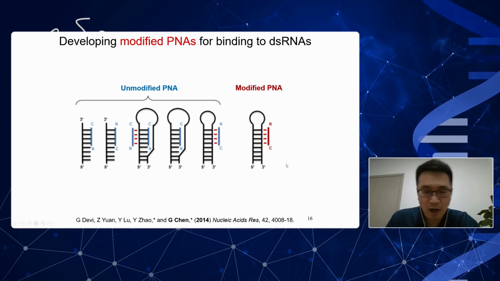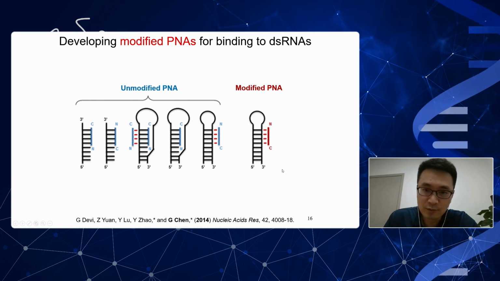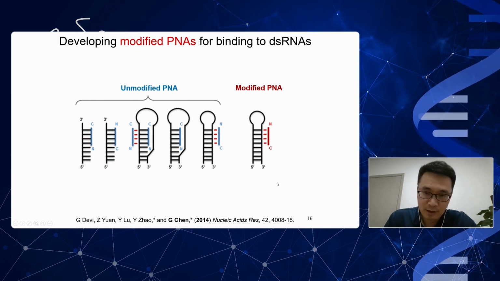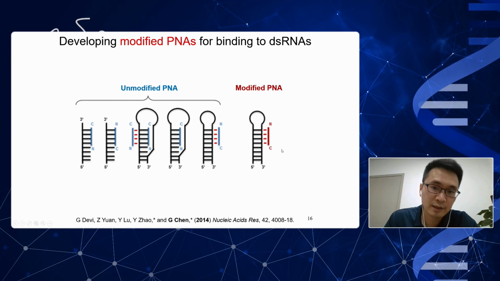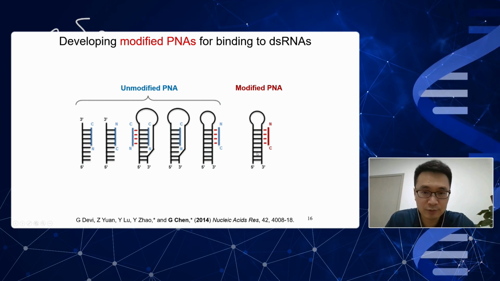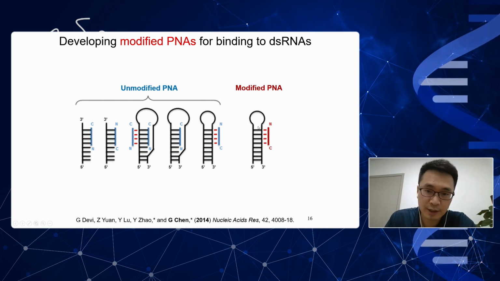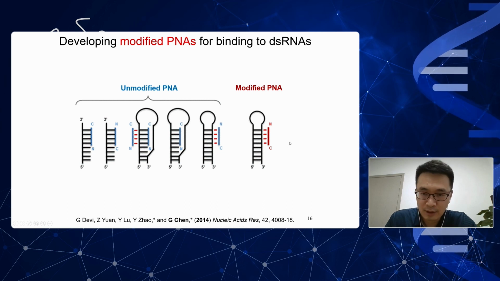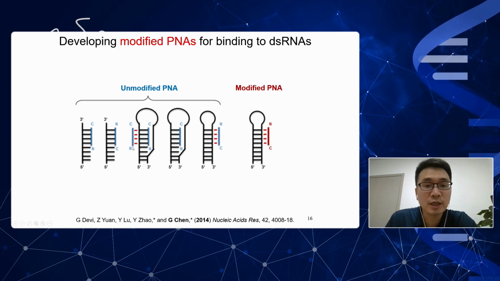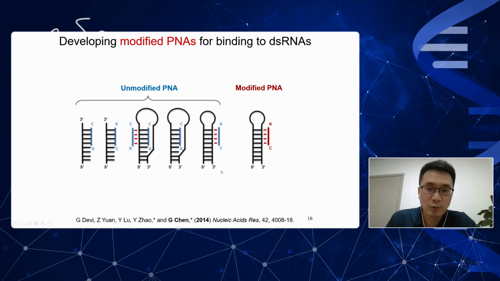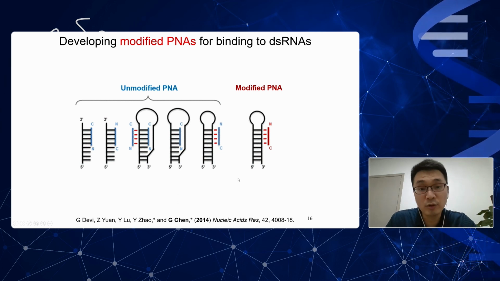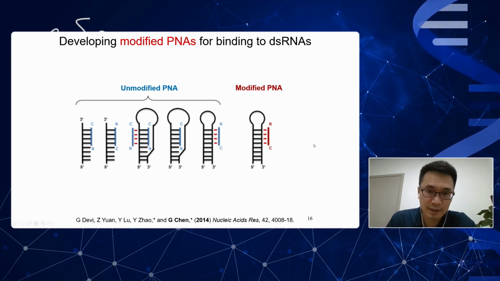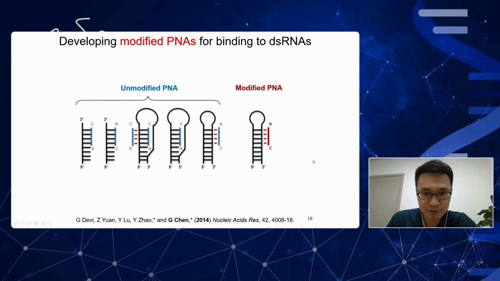Basically, the goal of our research lab is to develop this modified PNA, shown in red color here, that can selectively bind to the already structured RNA duplex, but not bind to the single-stranded sequences of the RNA, which are always present in the RNA secondary structures. So this is our goal.